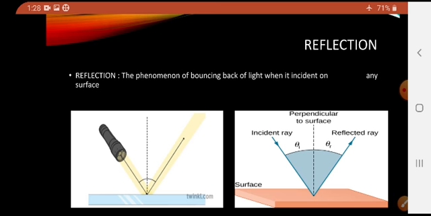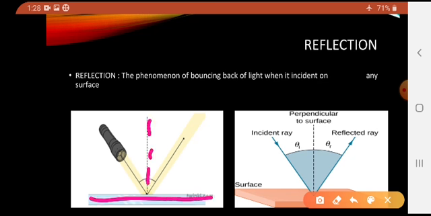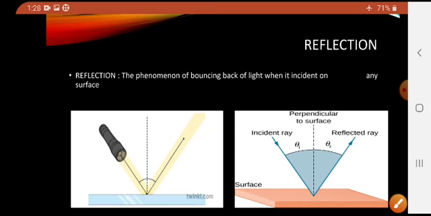Draw a normal to the surface. This is the normal drawn to the surface, a perpendicular. Then the incident ray and reflected ray lie on either side of the normal.